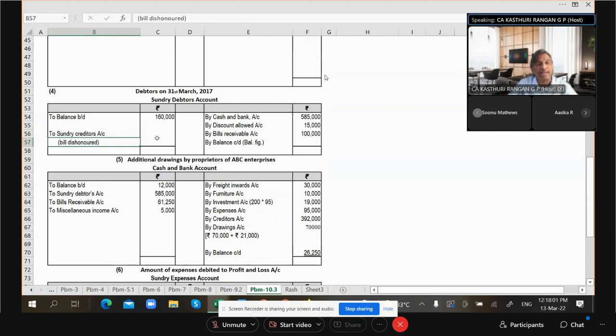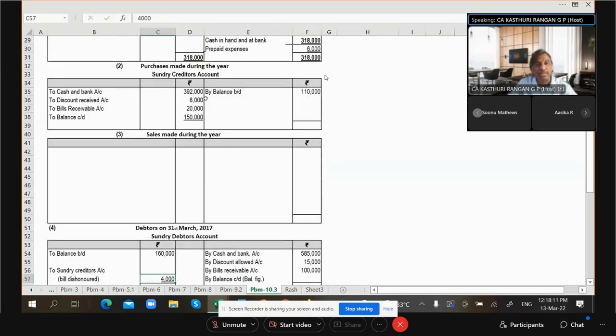Because we still have to pay that 4,000 to the creditor and collect it from the debtor, because the debtor has dishonored the bill. So debtors account debit to creditors, 4,000.